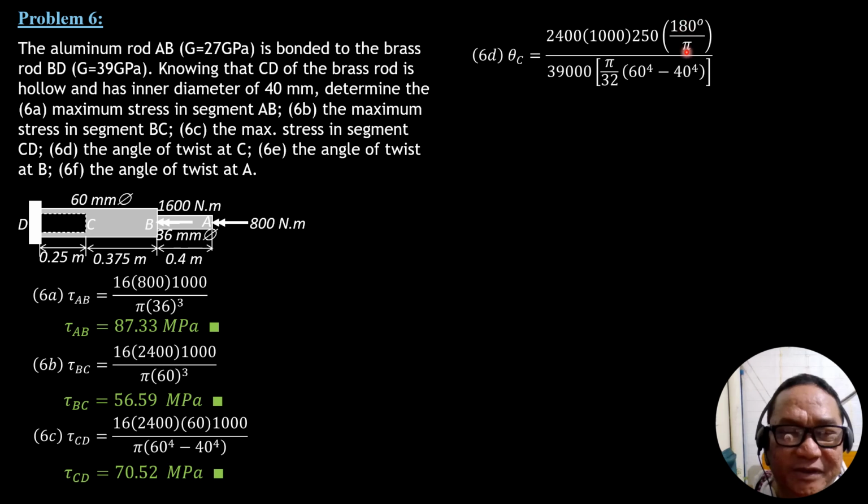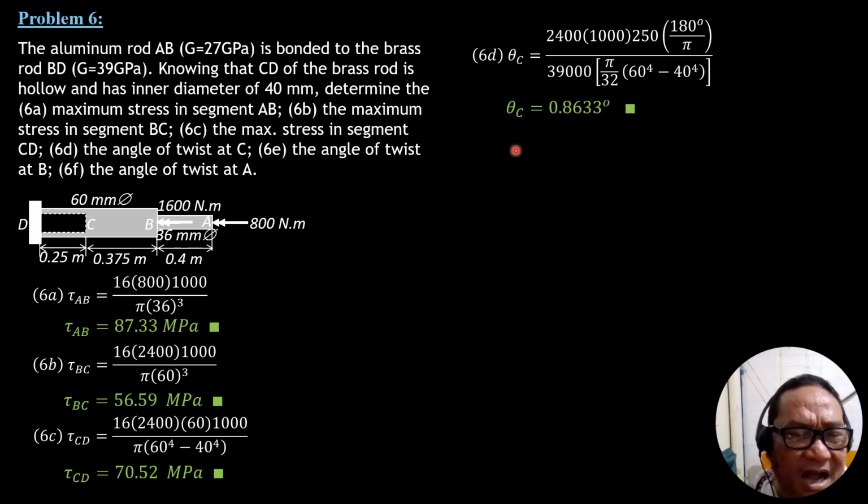Conversion factor 180 degrees over pi divided by G of the brass rod BD, which is 39 gigapascals. Then polar moment of inertia for hollow shaft, pi over 32 quantity outer diameter to the fourth minus inner diameter to the fourth. So theta C in degrees is 0.8633 degrees.